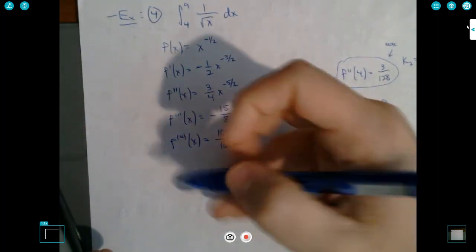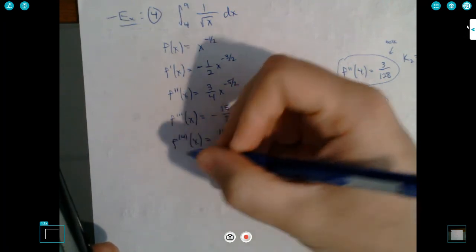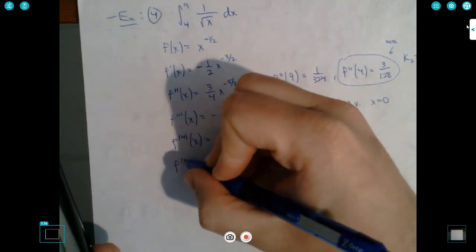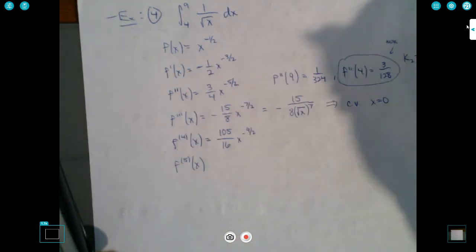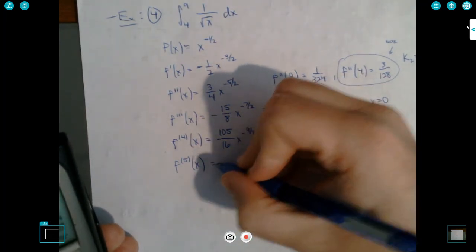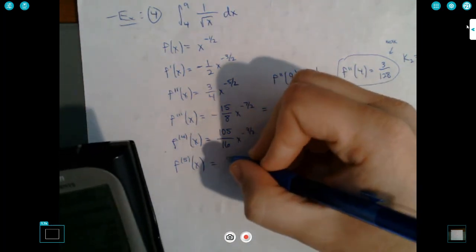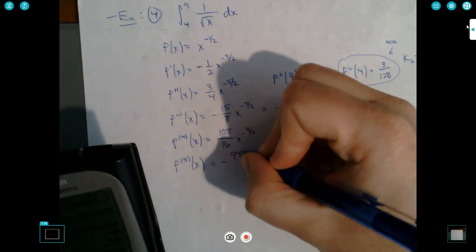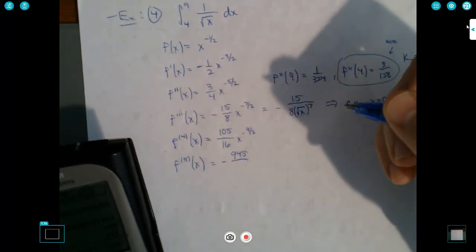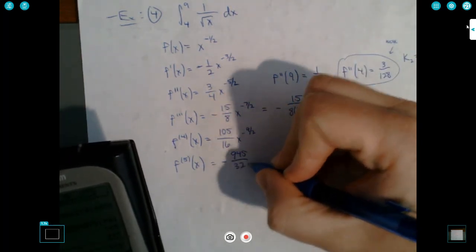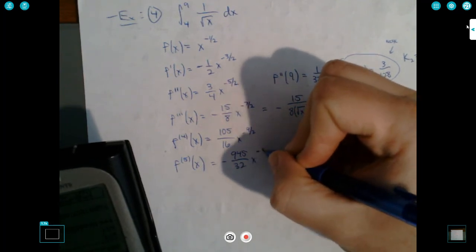The critical point is going to take place whenever the derivative of the fourth derivative, in other words, the fifth derivative, is 0 or undefined. 9 times 105 is 945. So this is negative 945 over 32x to the negative 11 halves.